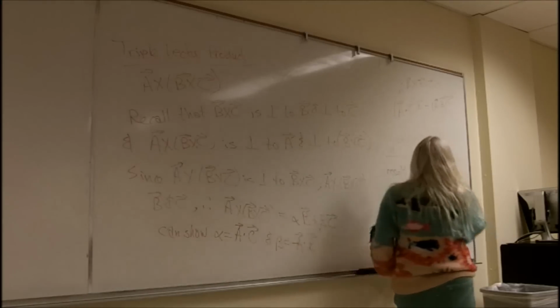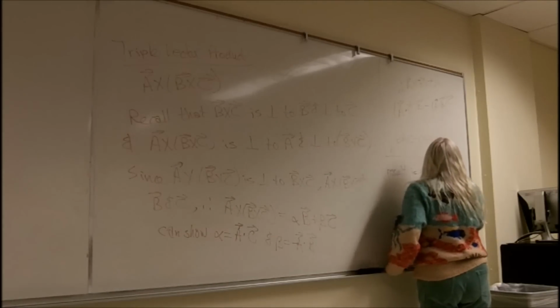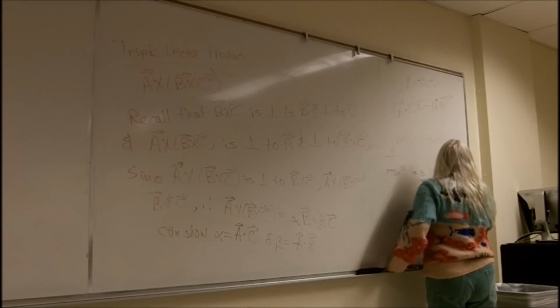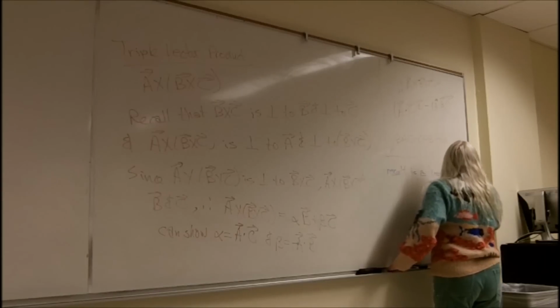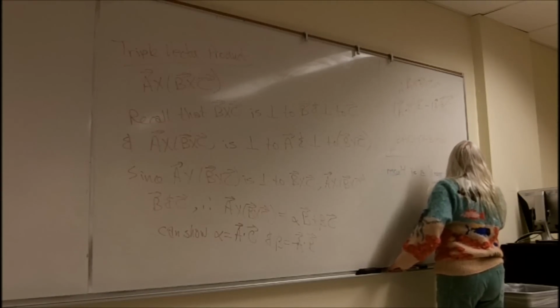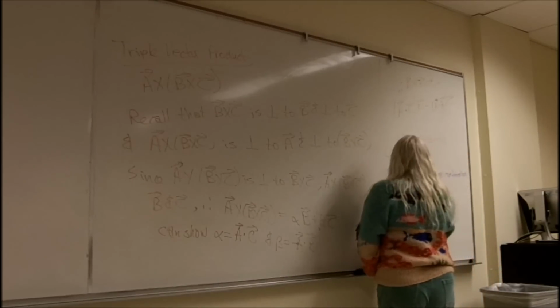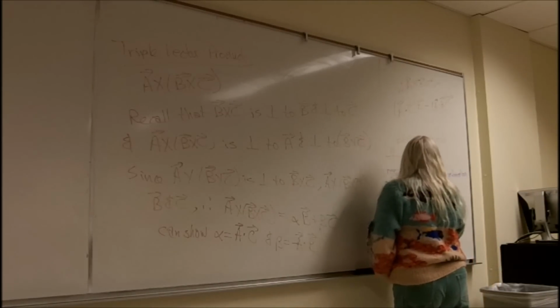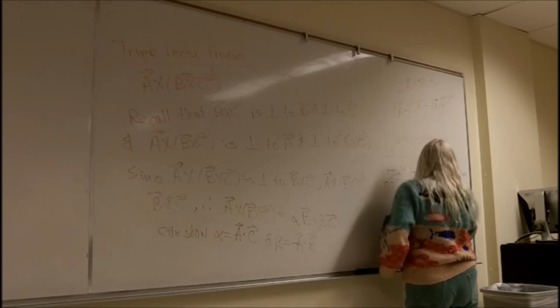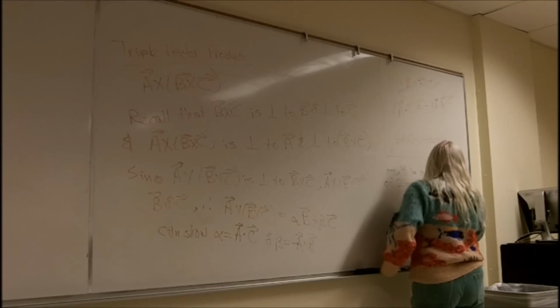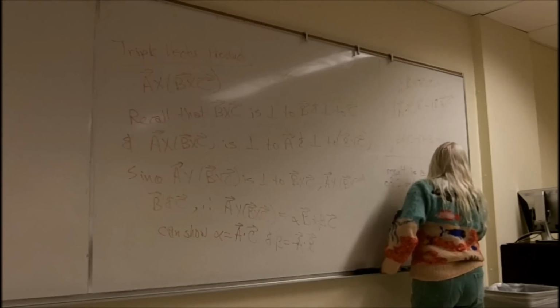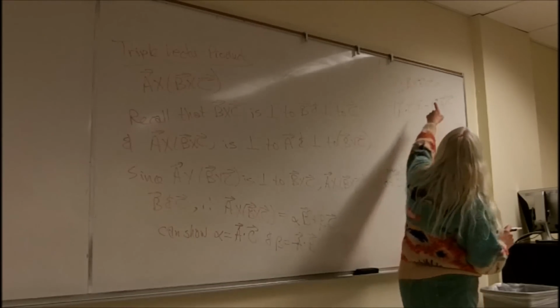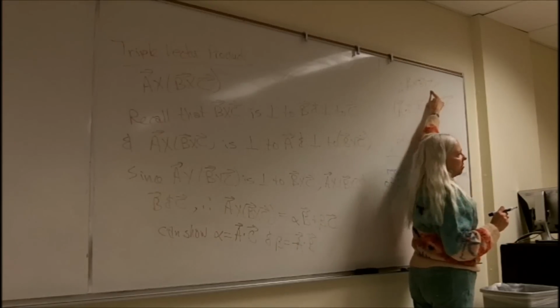So the result is a linear combination of the two vectors in parentheses. So in our case, that's the B and the C, right?